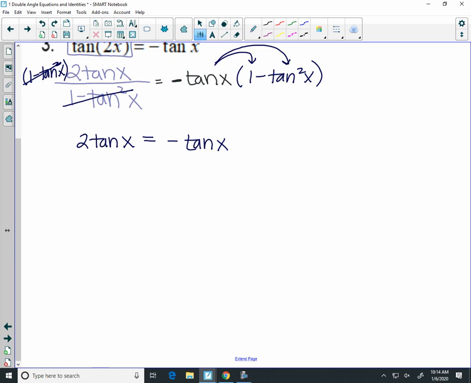Negative tangent times negative tangent squared is positive tangent cubed. And since we see something that's a degree greater than 1, we want to get everything onto the same side so that we can factor. So I'm going to subtract that 2 tangent of x over.